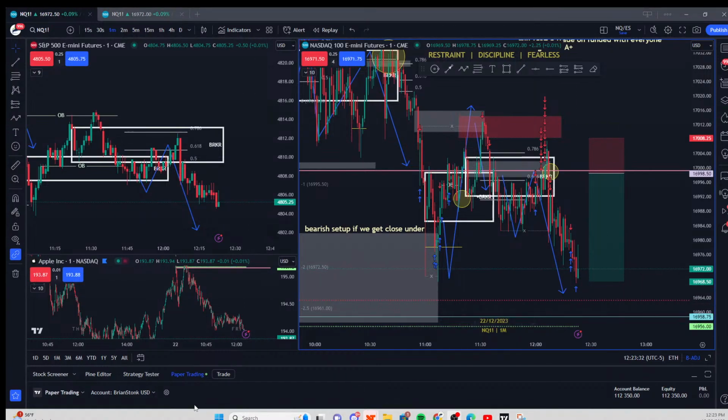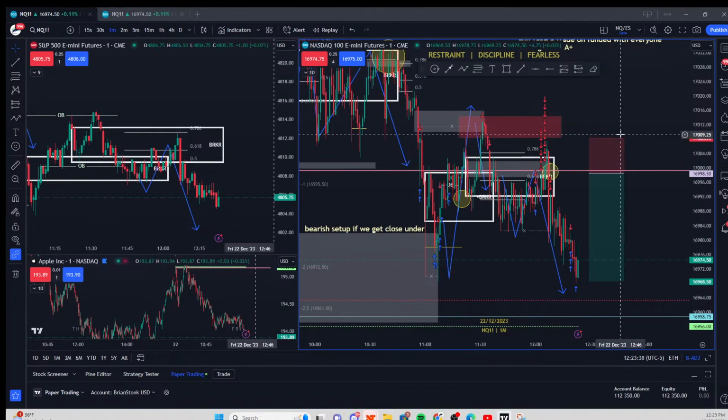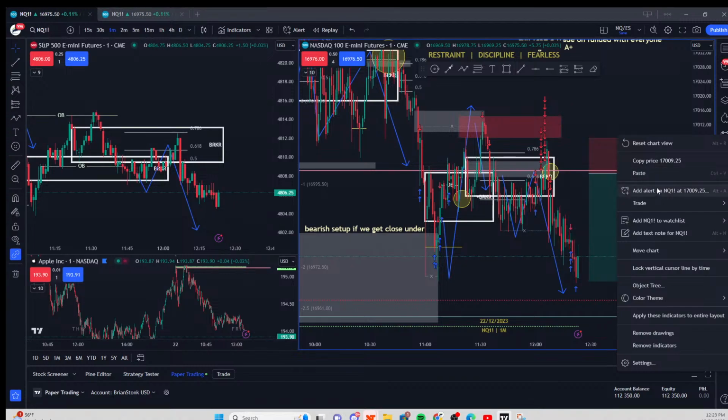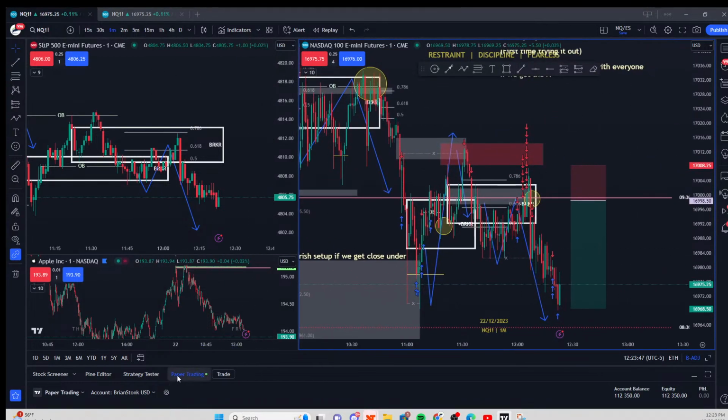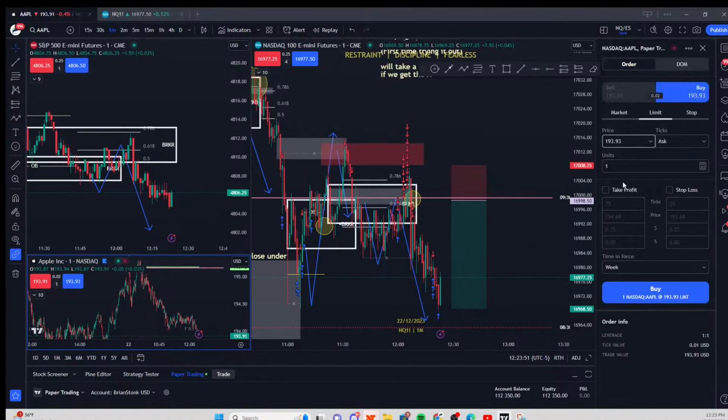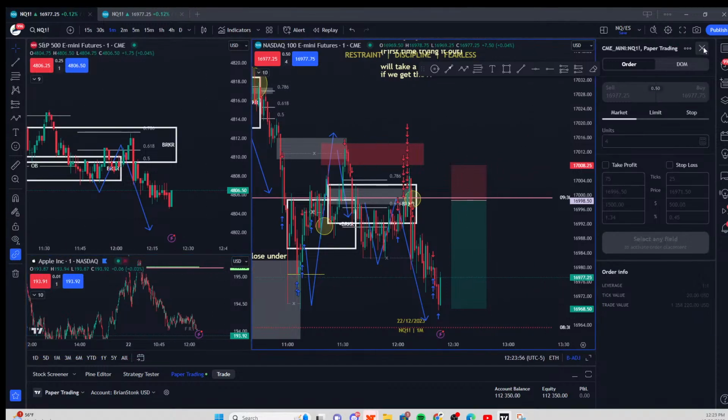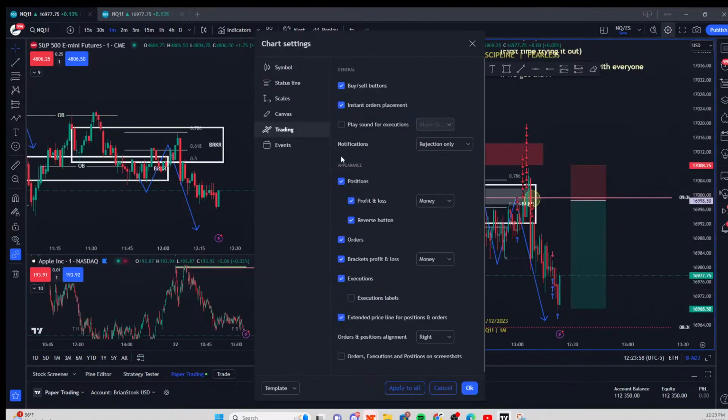Oh wait, go to trade log. Let me see. I don't know how to go to the trade log. I'm just so new to trading on TradingView. Even though so many people do it, I always say I trade on my broker, just the easiest way. Maybe it's in the settings, right?